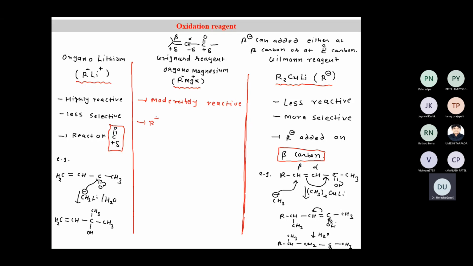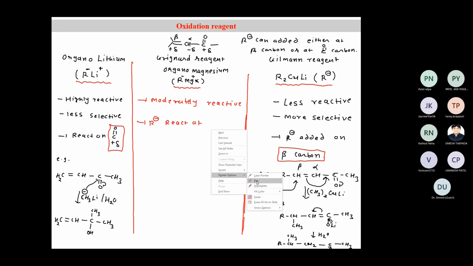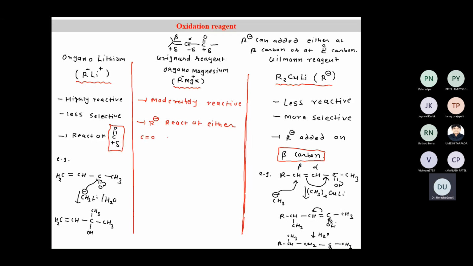So R minus reacts at either the carbonyl carbon or the beta carbon, depending on bulk.